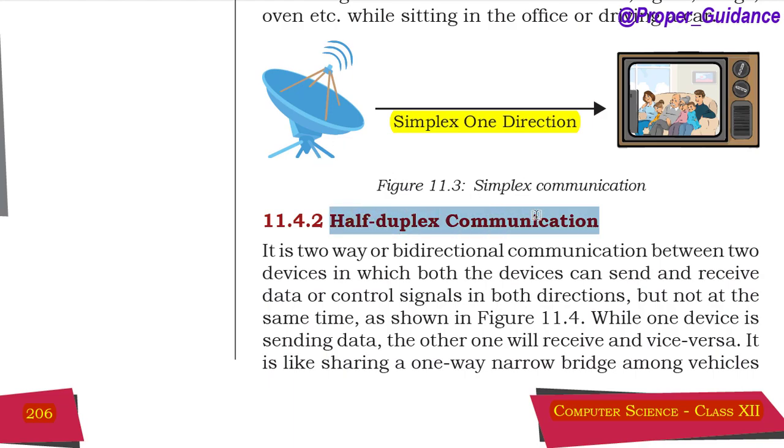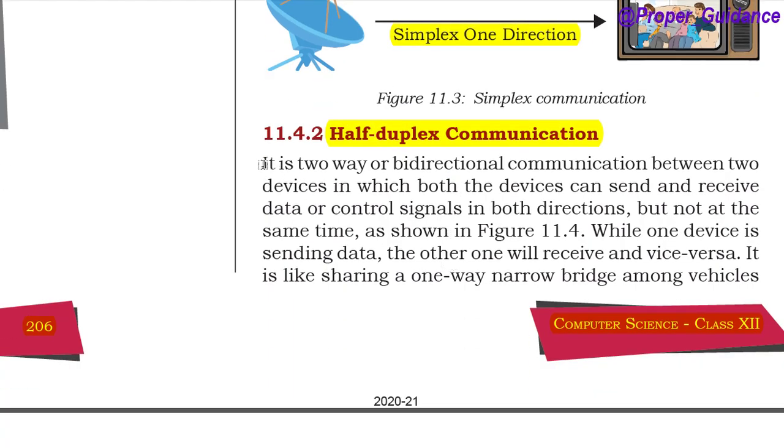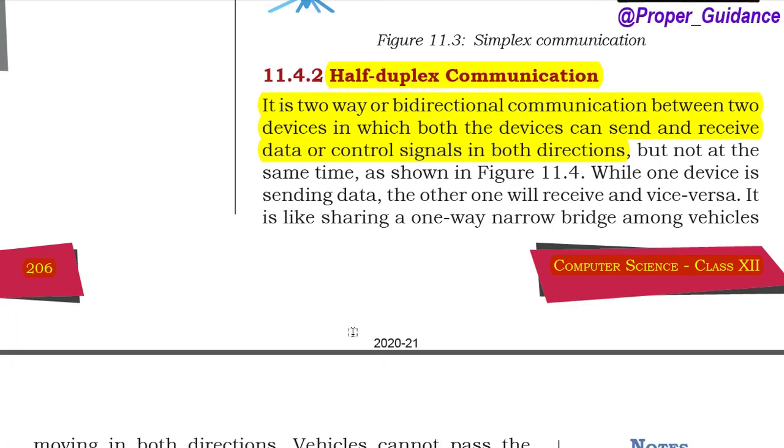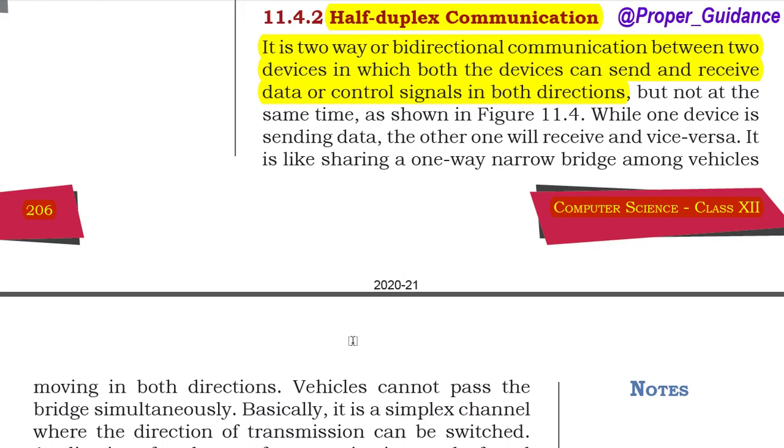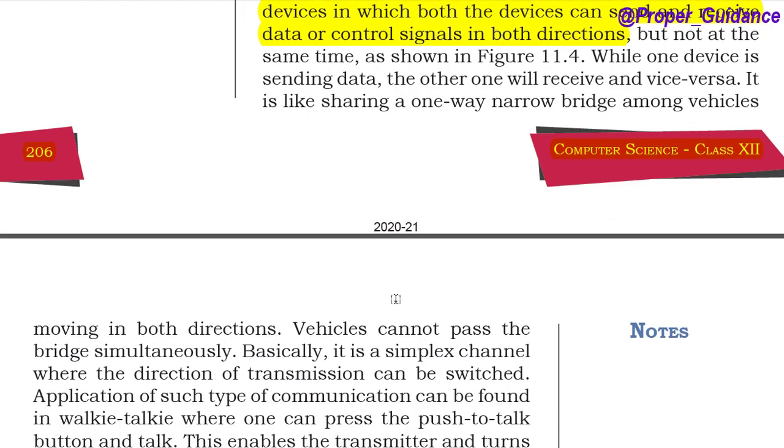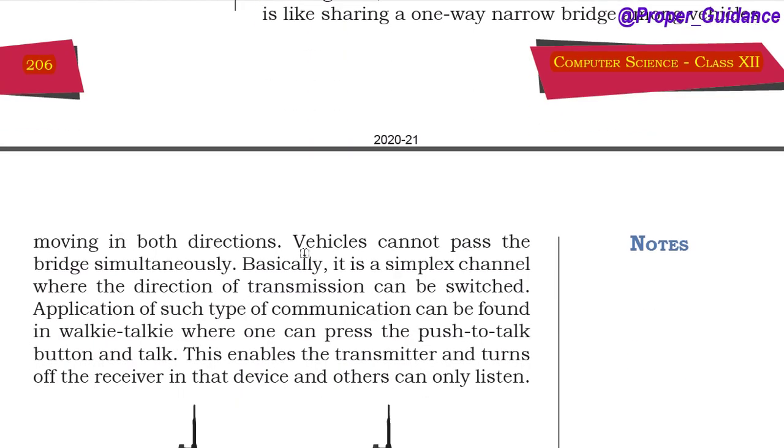Then, half-duplex communication. Half-duplex is a two-way or bidirectional communication between two devices in which both the devices can send and receive data or control signals in both directions, but not at the same time. While one device is sending data, the other one will receive and vice versa. It is like sharing a one-way narrow bridge among vehicles moving in both directions.